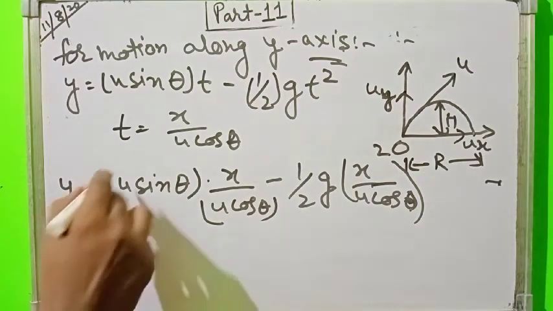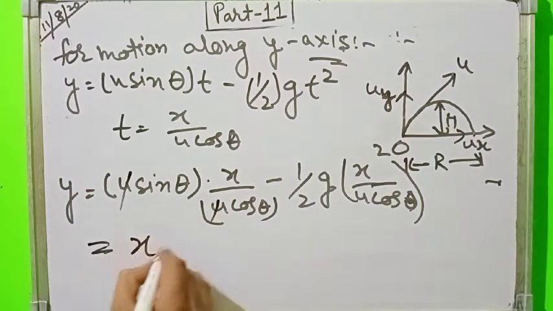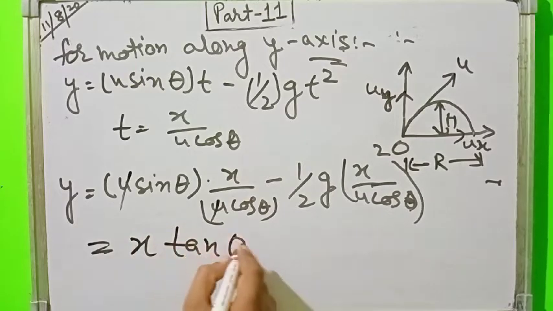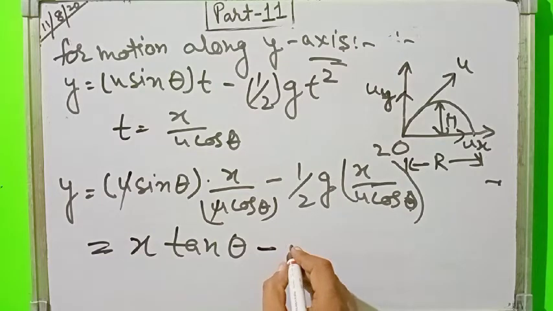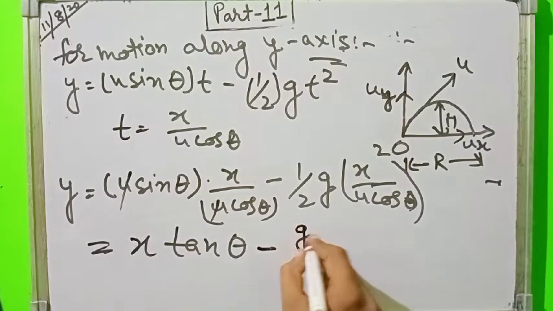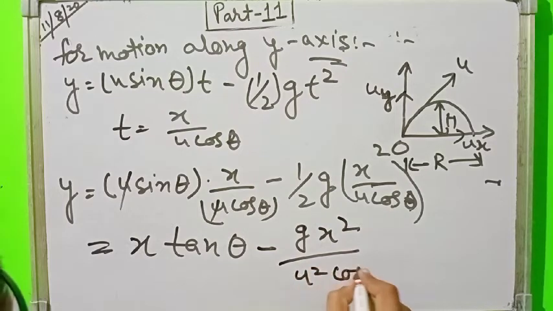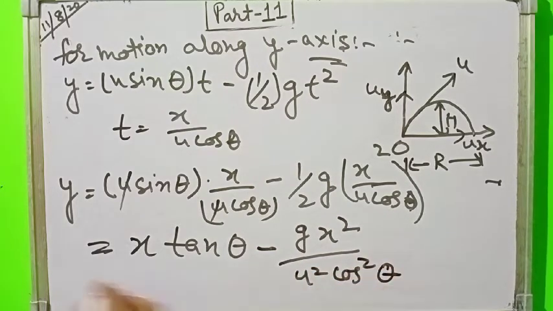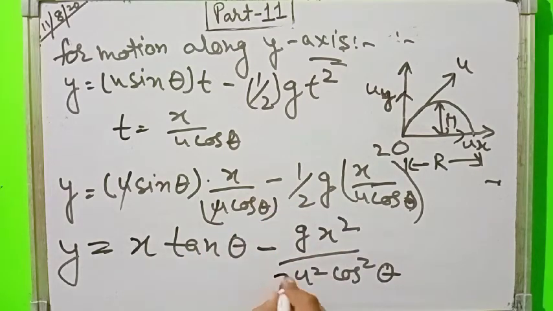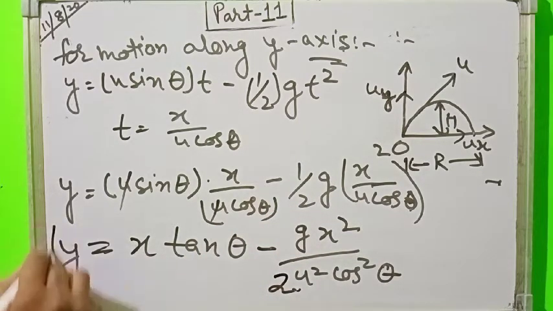The u and u cancel out, and it becomes x tan theta, that is sin theta upon cos theta is tan theta, minus g x square upon 2 u square cos square theta.